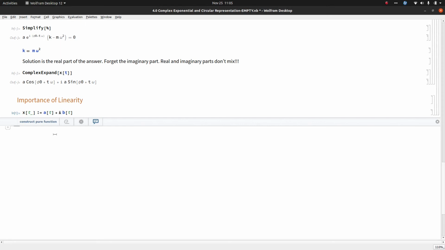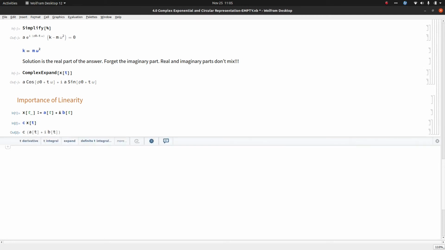All of the linear operations I can act on x with will keep the real part real and the imaginary part imaginary. So if I multiply by a constant, you can see that doesn't affect anything.